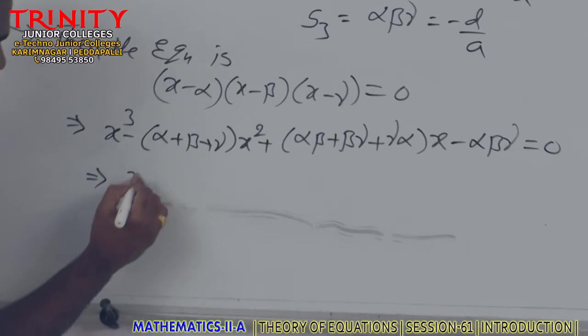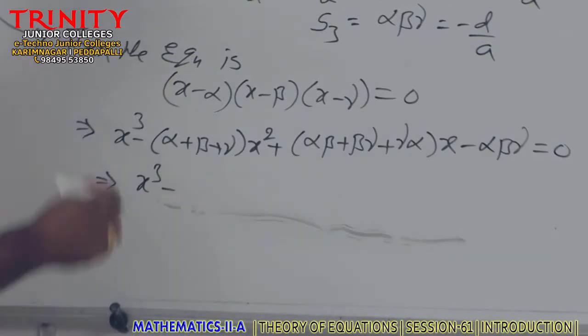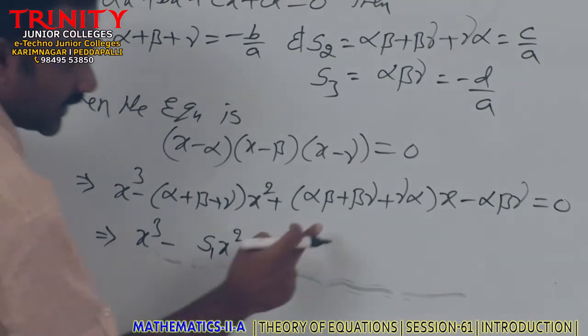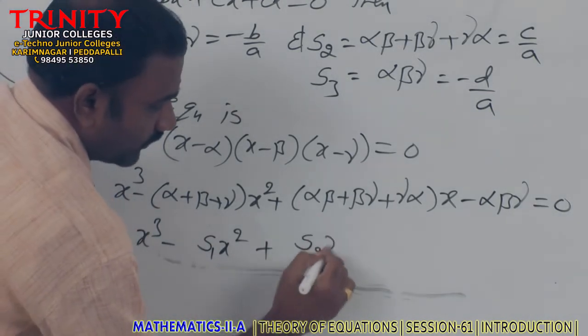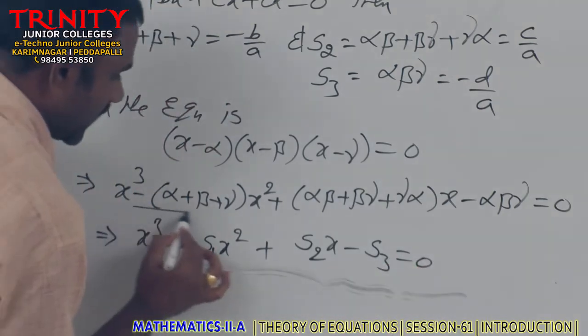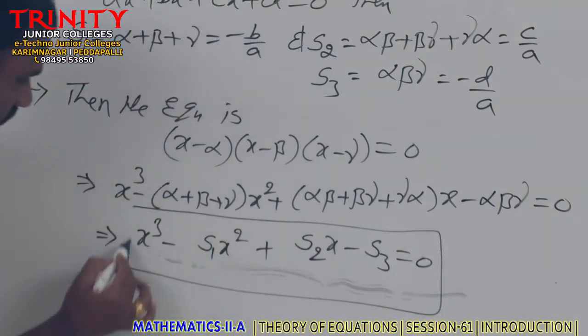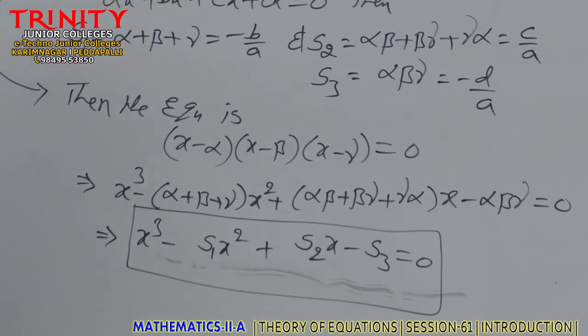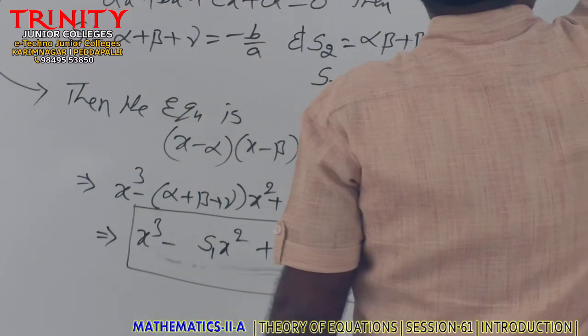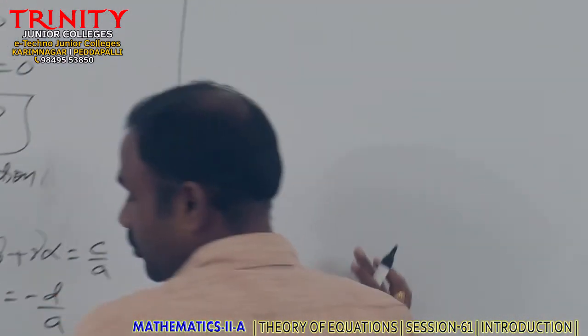In terms of S1, S2, S3, that is x cube minus S1 x square plus S2 x minus S3 is equal to 0.